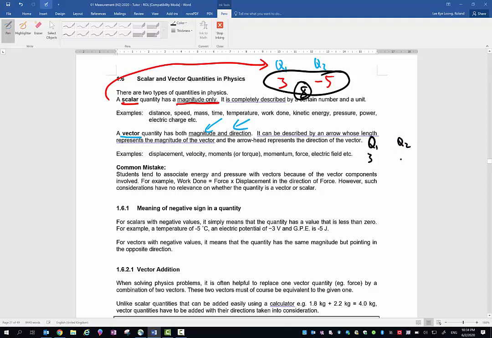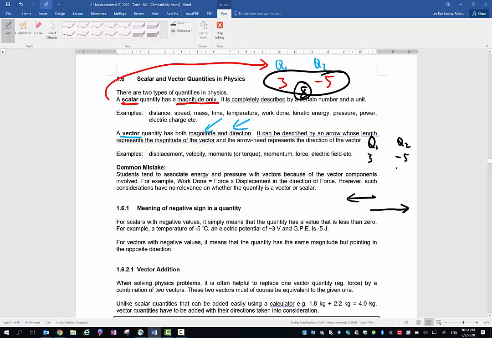But if we're talking about vectors, let's say Q1 is 3 and Q2 is minus 5. What does it mean? It means that Q1 is maybe 3 units in one direction and Q2 is 5 in the opposite direction, because for a vector, the negative sign means direction.